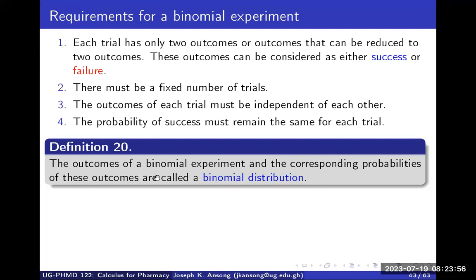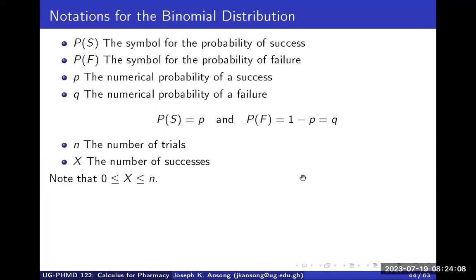So the outcomes of a binomial experiment and the corresponding probabilities of these outcomes are called a binomial distribution. Often in binomial distribution, this is the notation that is used. P(S), where S stands for success, is the probability of success.